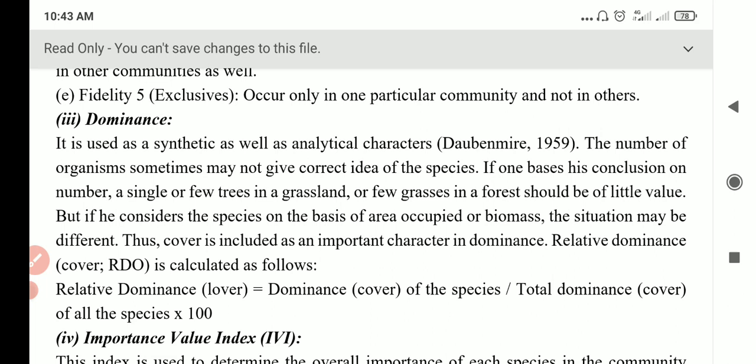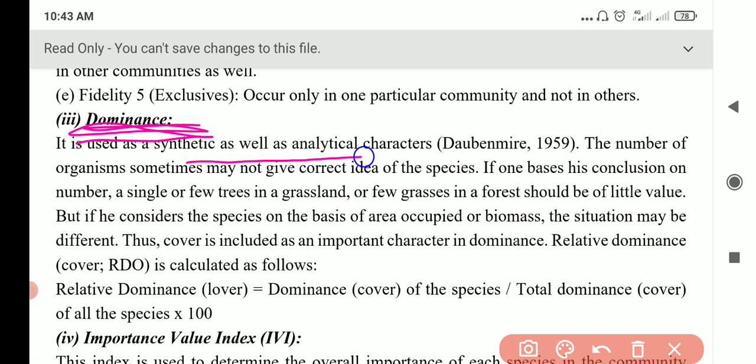Okay, so the next one is dominance. This word keeps appearing, no? Dominance can be used as a synthetic character as well as an analytical character, because we calculated dominance in both the quantitative and qualitative characters. Dominance is very flexible. We can use it for analysis and also as a synthetic character. From the synthetic point of view, the number of organisms sometimes may not give a correct idea of the species.